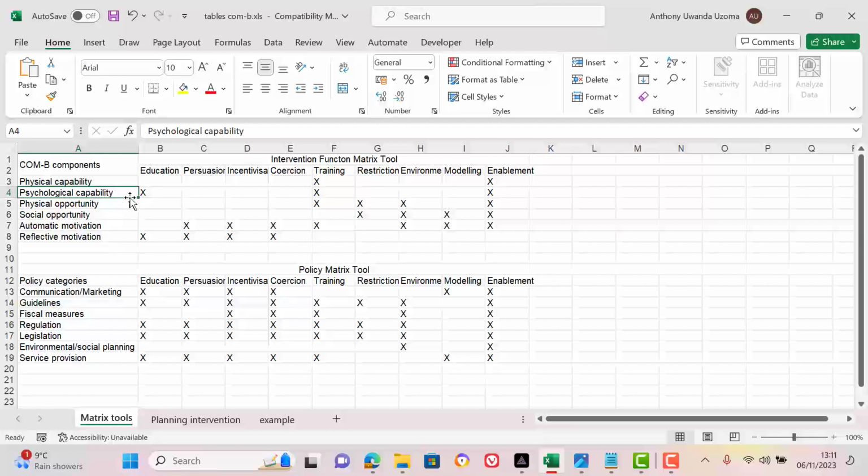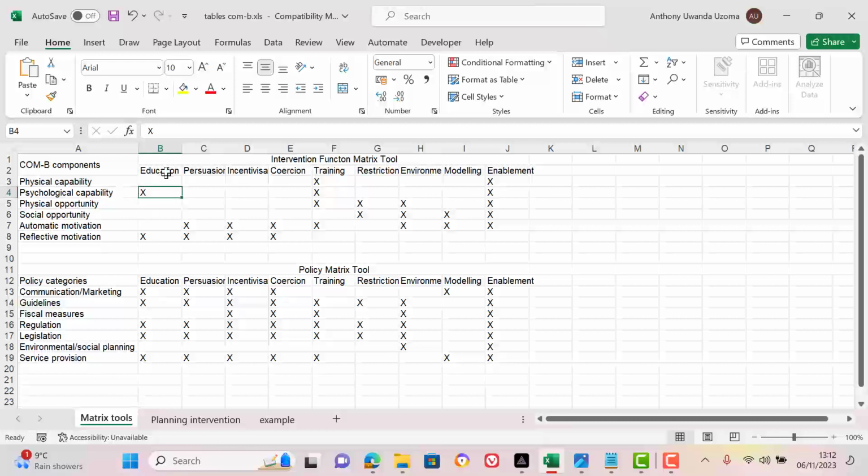They are not aware, they don't understand the reason why they should be attending antenatal clinic for malaria screening in pregnancy. You see that this table is already developed by Michie et al.